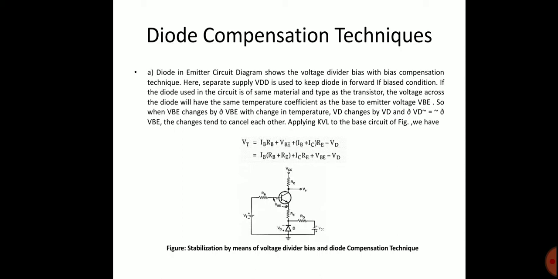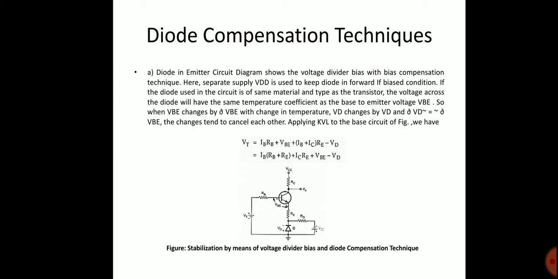I am moving to the diode compensation technique. The circuit diagram is shown in the figure, the voltage divider bias with the bias compensation technique. Here a separate supply VDD is used to keep the diode in forward bias condition. If the diode used in the circuit is of the same material and type as the transistor, the voltage across the diode will have the same temperature coefficient as the base to emitter voltage VBE.